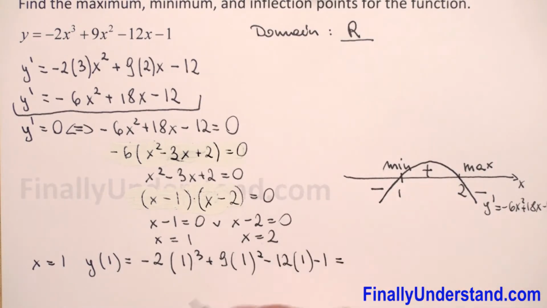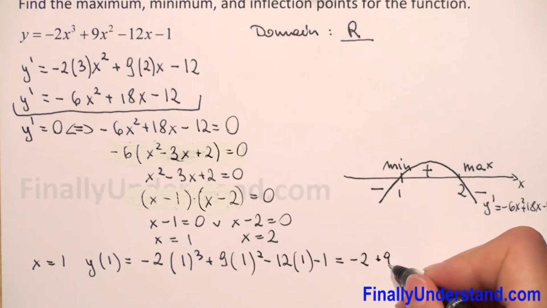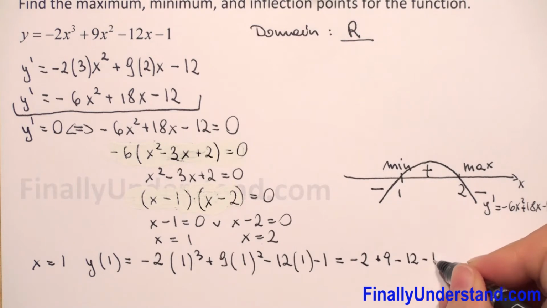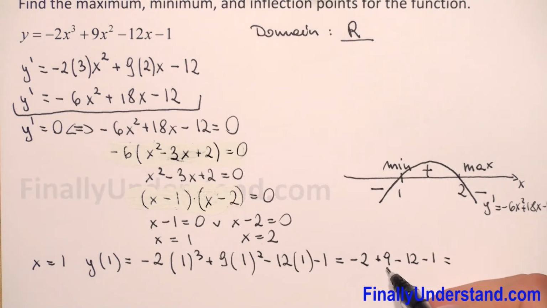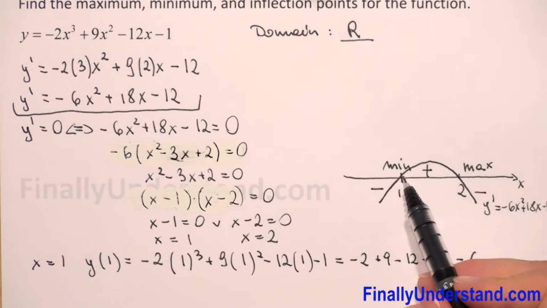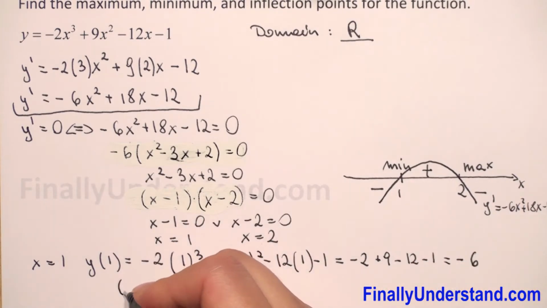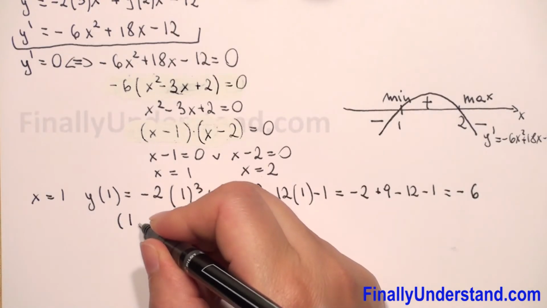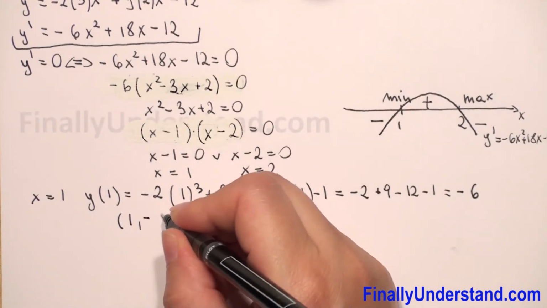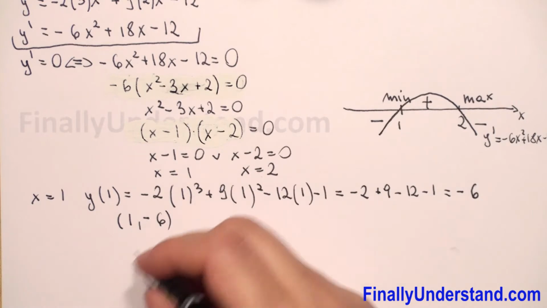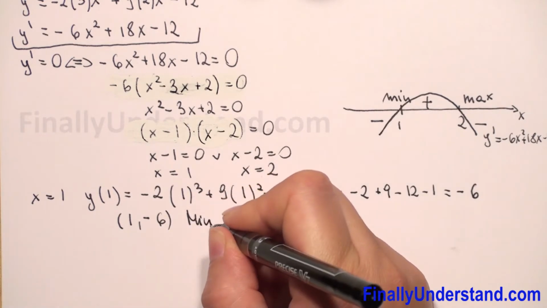This is equal to negative 2 plus 9 minus 12 minus 1. So we have negative 2 plus 9 is 7, minus 12 is negative 5, minus 1 is negative 6. We have our minimum. The first coordinate is 1, the second is negative 6. This is our minimum.